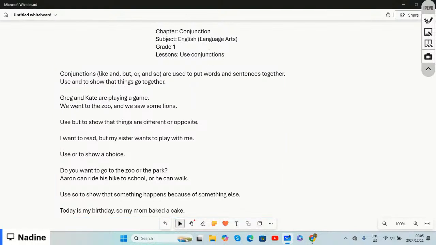All right, so our chapter is conjunctions, our subject is English Language Arts, and we're doing grade one. The lesson we are going to be focusing on under the chapter of conjunctions is to use conjunctions.